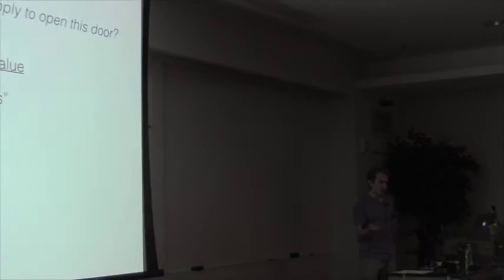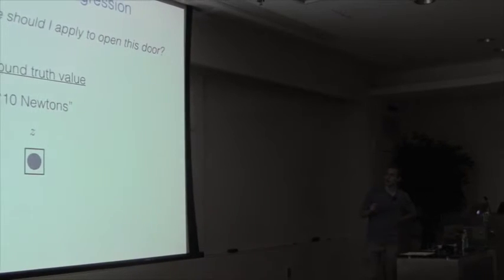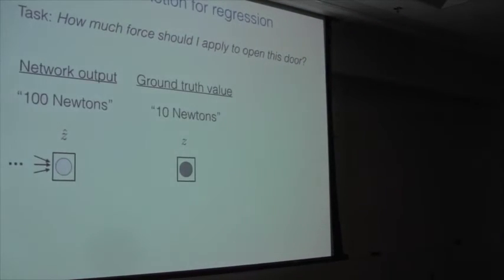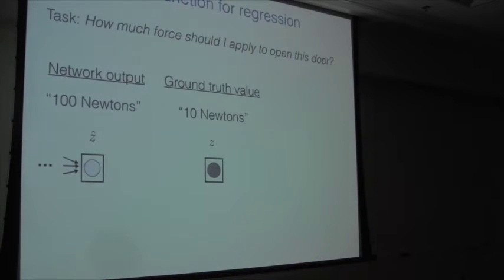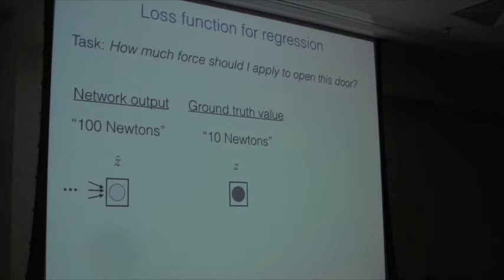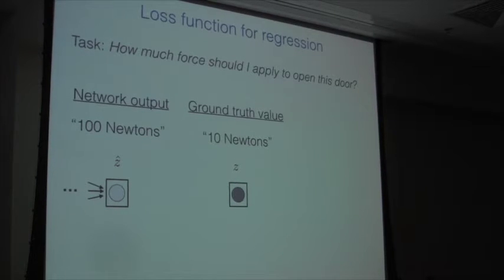So just as an example of a slightly different task, suppose our task is not to recognize the object in the image, but instead to look at a picture of a door and respond how many newtons of force I should apply to this door to open it. Well, seems like a very different problem, but actually you can use almost the same network to solve this problem. Just change this final way of calculating the difference between a correct answer and a predicted answer. So this loss function is all you need to change.